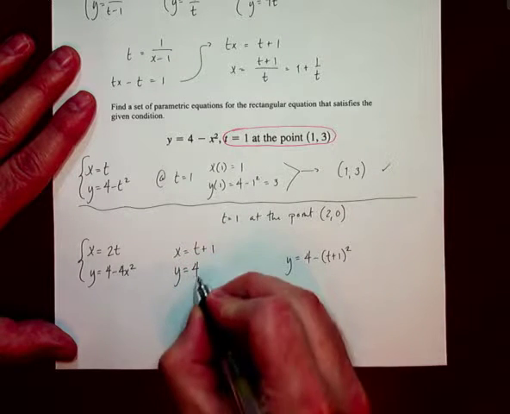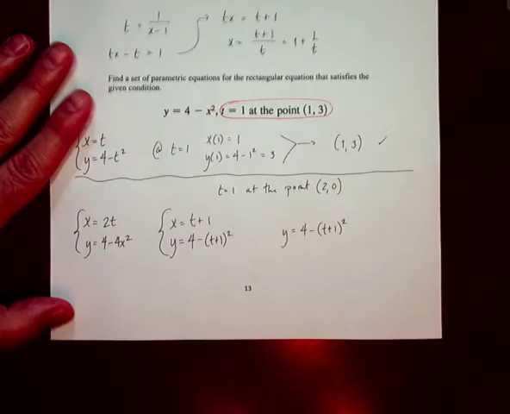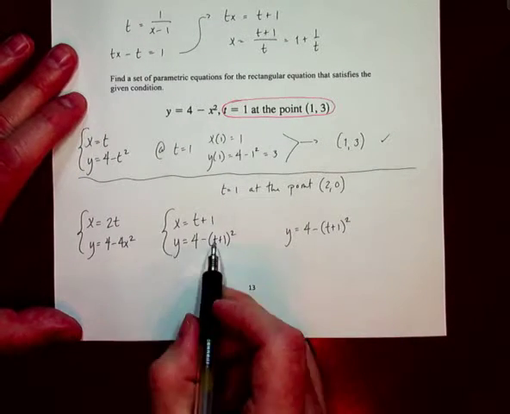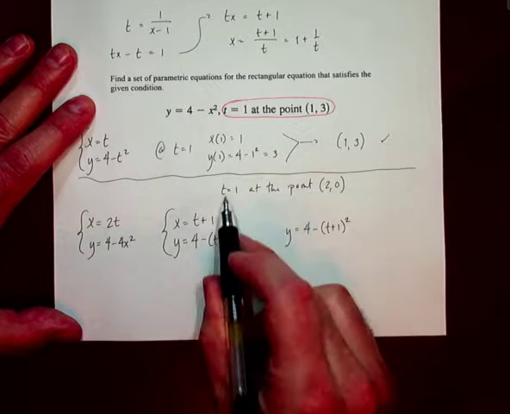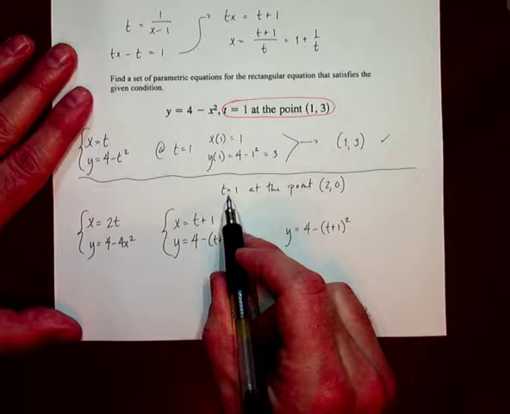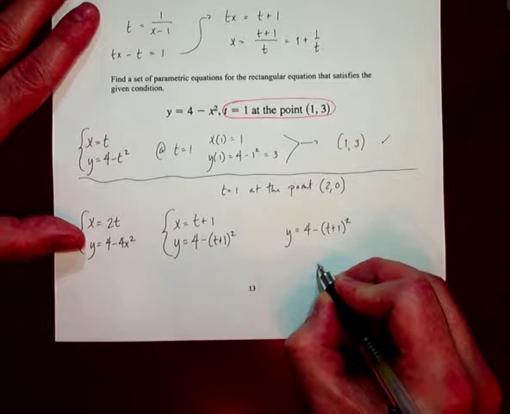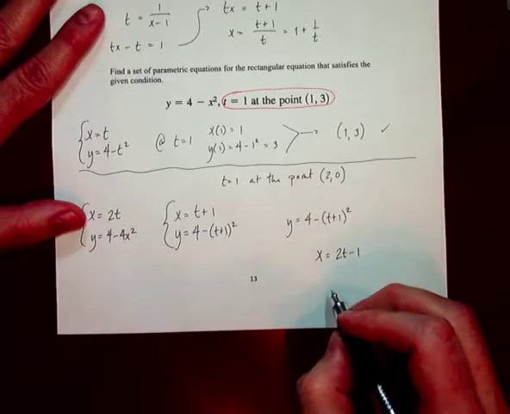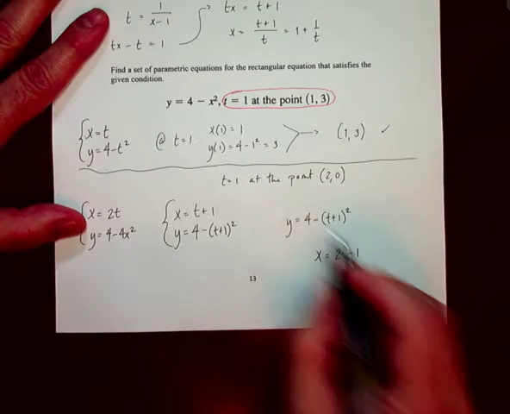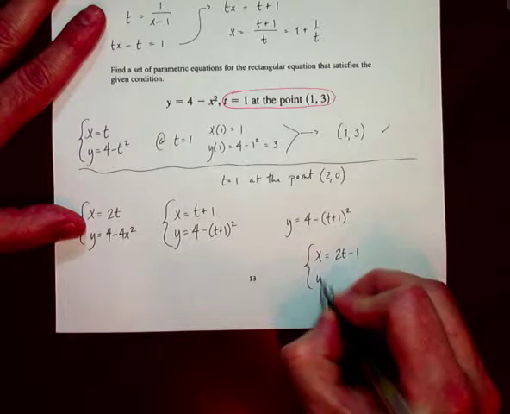So 4 minus (t plus 1) squared gives me basically an alternative way of arriving at 2, 0 at t is equal to 1. And I could probably do it in a whole host of different ways. Another way to get 1 for x would be x is equal to 2t minus 1. And then I would just have to plug the 2t minus 1 in for the x. And of course, that one you may want to simplify. But you don't have to.